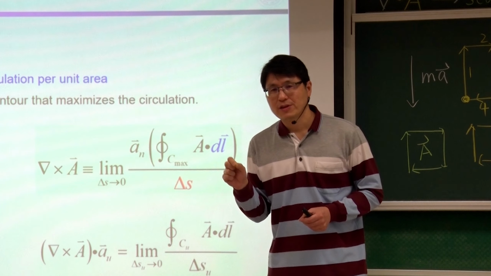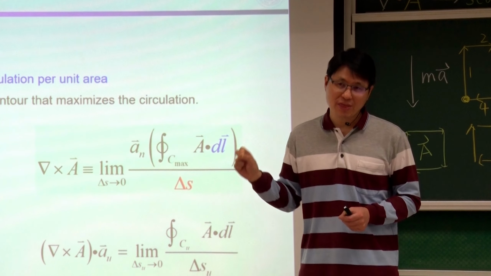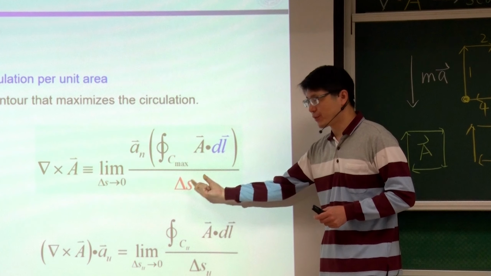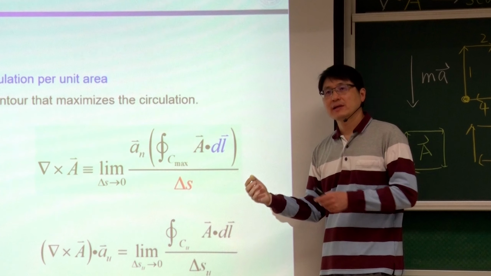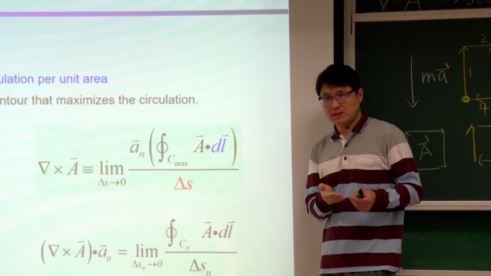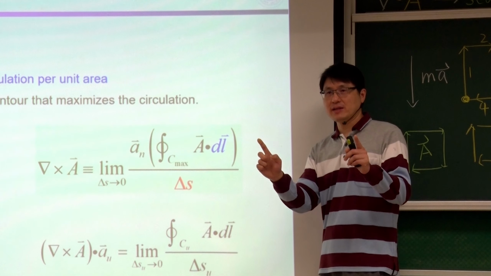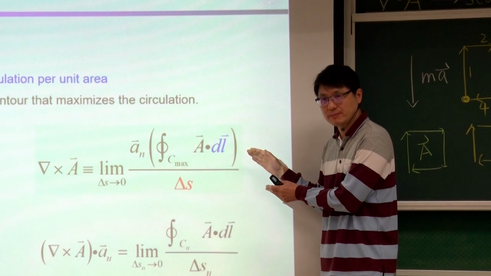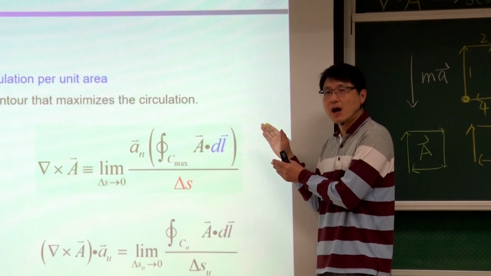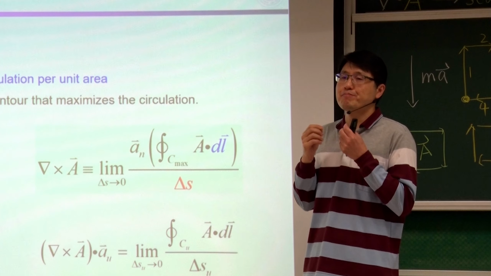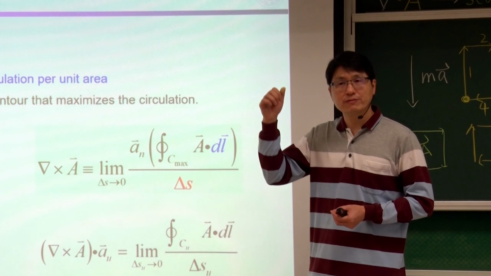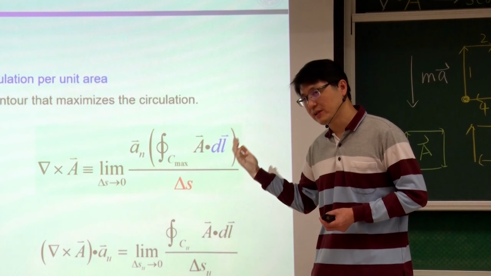So again, there's no need to memorize anything. Once you understand how differential length and differential surface can be derived, everything is based on the definition. So the curl operation is trying to find the maximum net circulation. You want to find its direction and you want to find its magnitude.